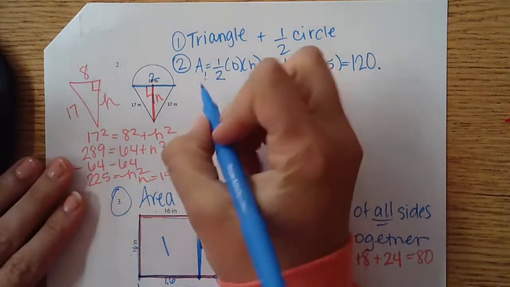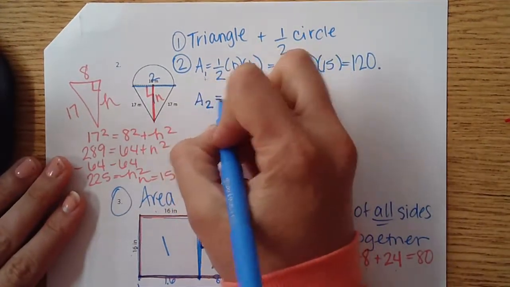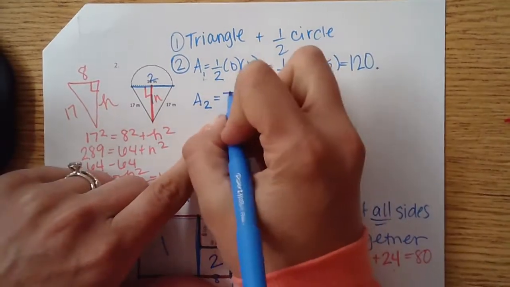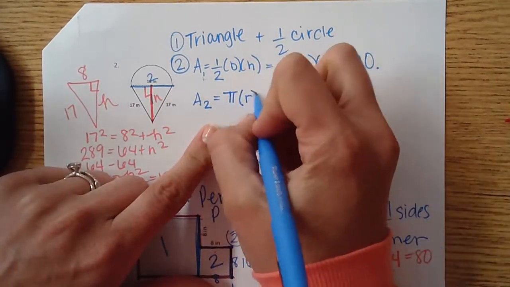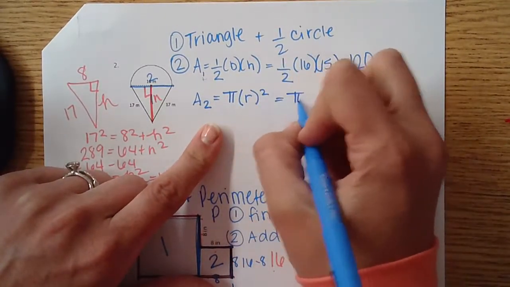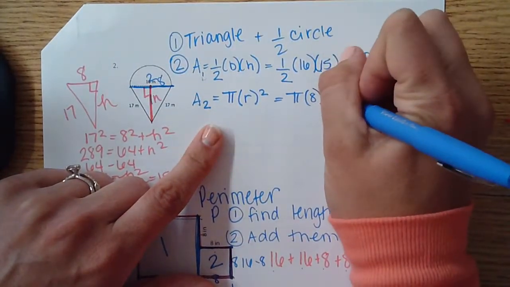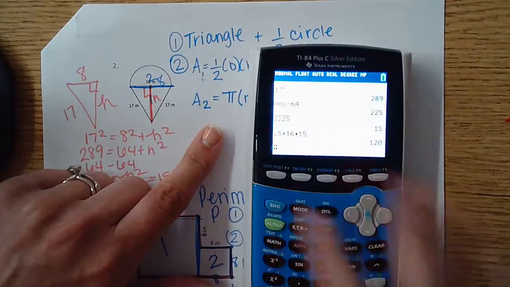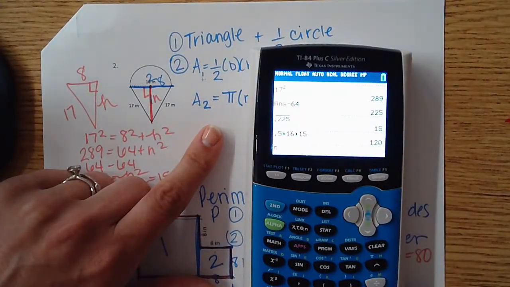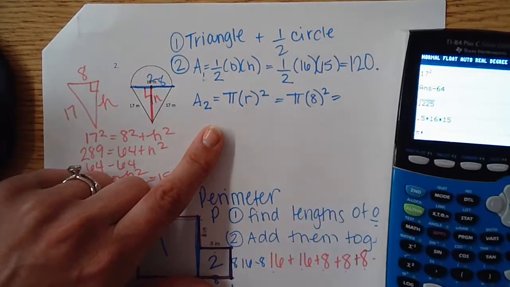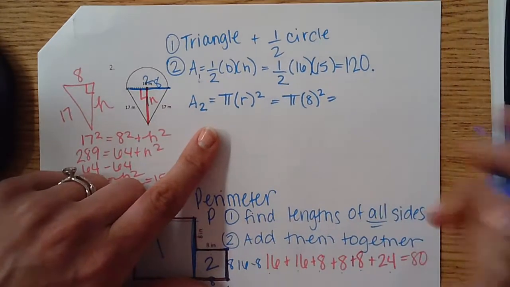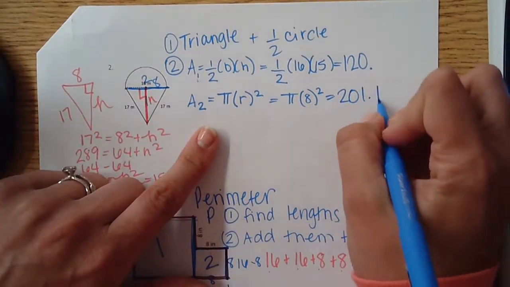All right. So now we have to find the area of 2. This is going to be pi r squared, divided by 2. Pi, my radius is not 16. It is actually 8 squared. Pi times 8 squared gives me 201.1.